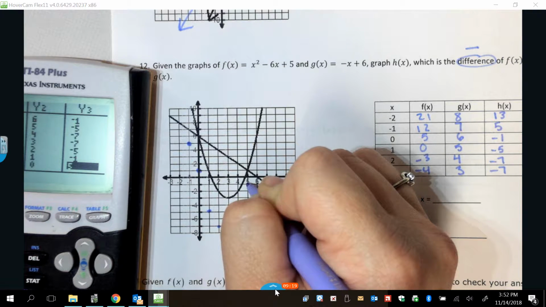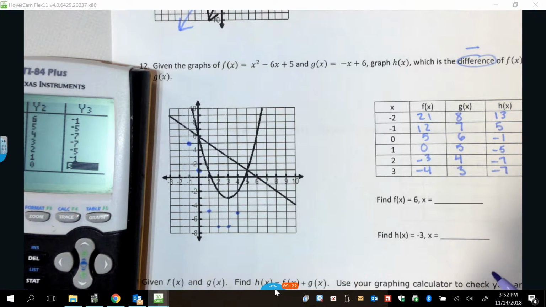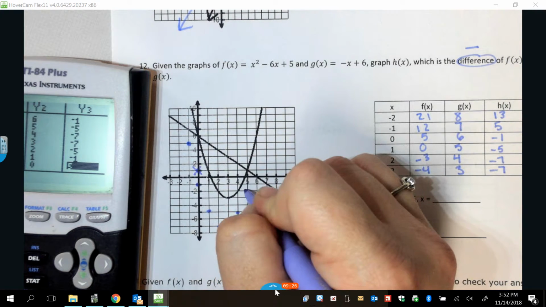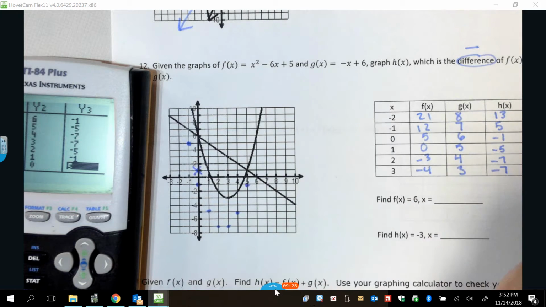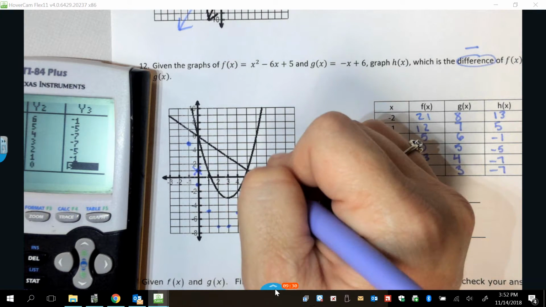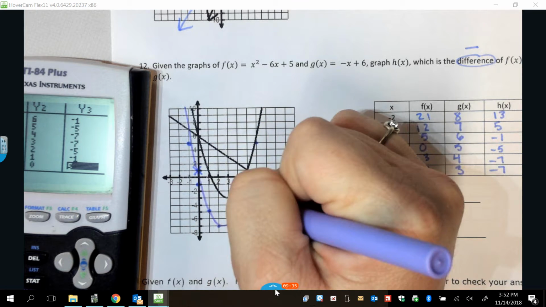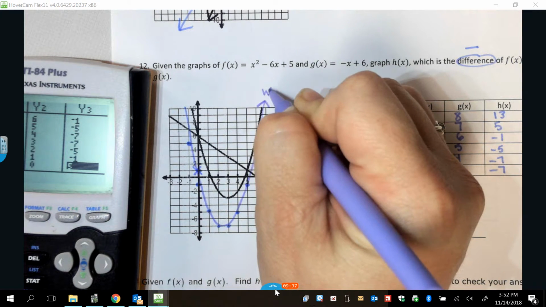Well, I'm missing something here. I skipped a point. 0, negative 1, sorry, not positive 1. And then 6, 5. So here's my h of x.